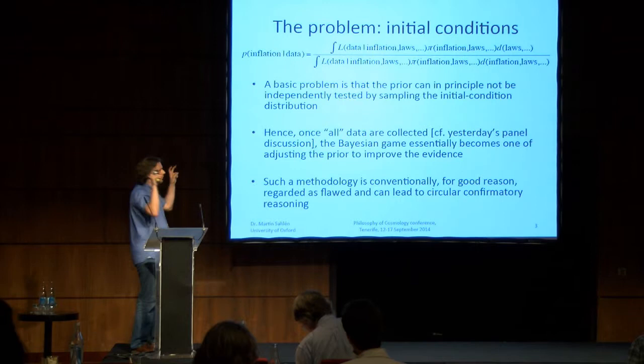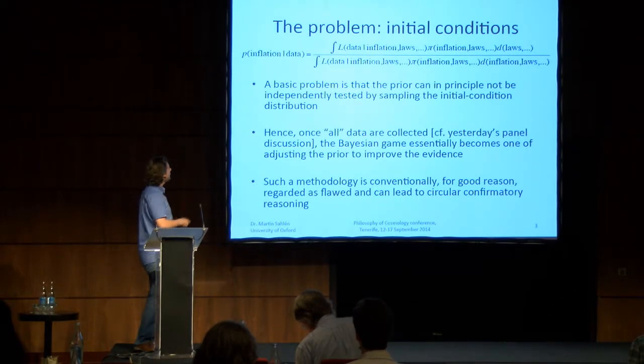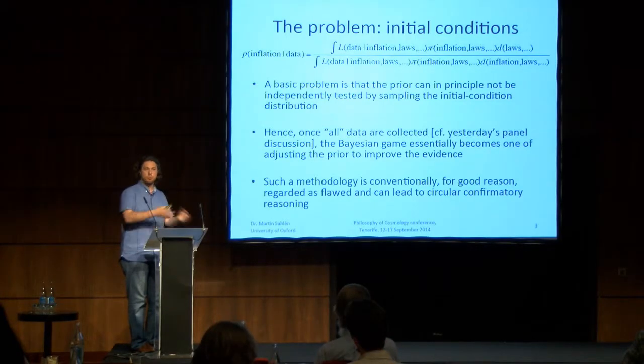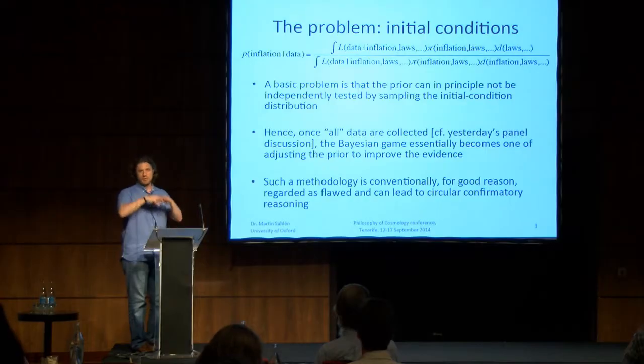Once all the data, in quotes, are collected, which there was some discussion about the other day, we may not get all the data we would like related to inflation, for instance. The Bayesian game really is the prior. If you want to really change something, unless you have some amazing new model, then it's the prior that you can work with. And that's not really something that works, because you end up just confirming whatever you want to confirm.